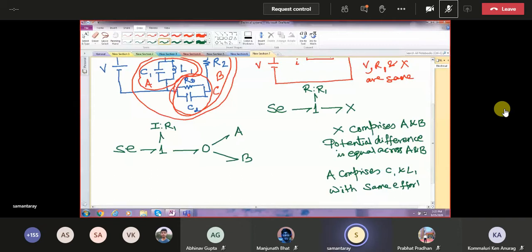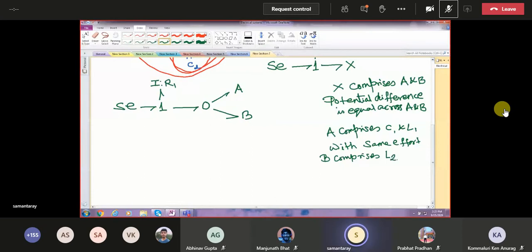And B comprises this C, then L2, R2 and C, with the same flow. So this is one junction, and that is a zero junction.